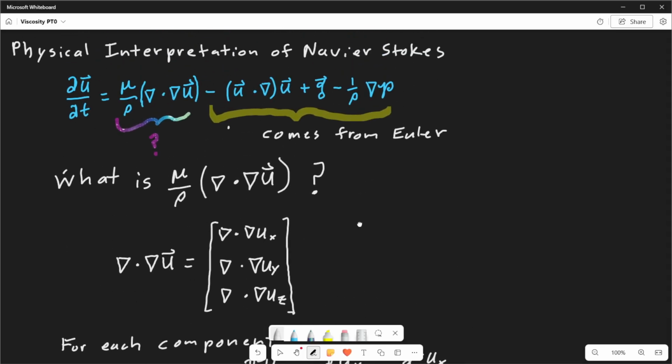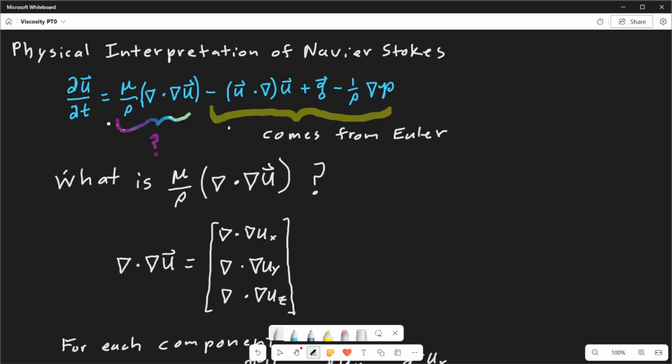So going back to the equation, this du dt basically has a ux, uy, and uz, and each of these corresponds to one of these terms. So the change in the x component of the velocity with respect to time has a contribution due to the Laplacian of ux, and the same idea, the change in the y component with respect to time has a contribution due to the Laplacian of uy.